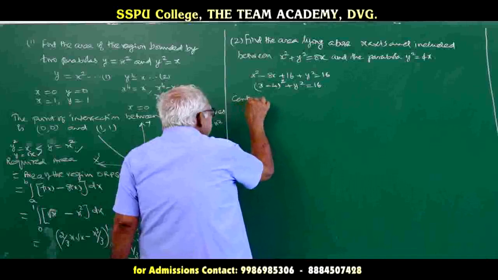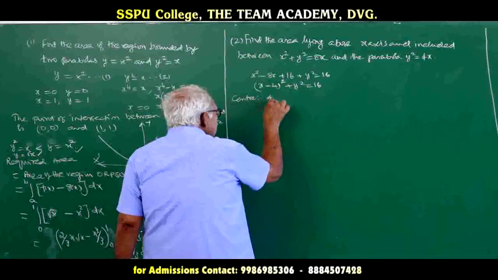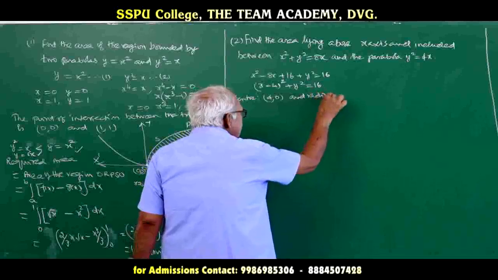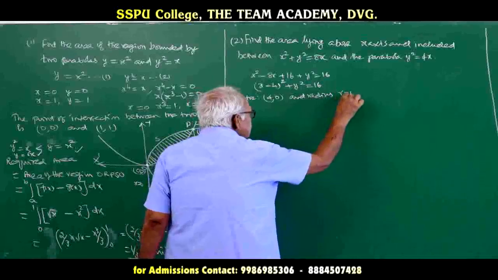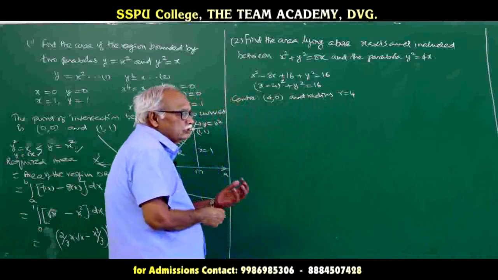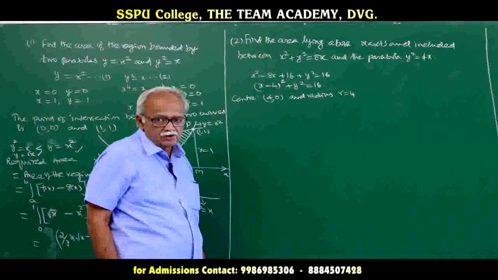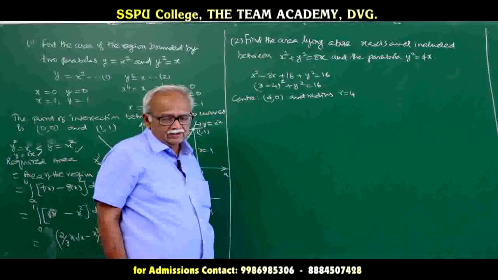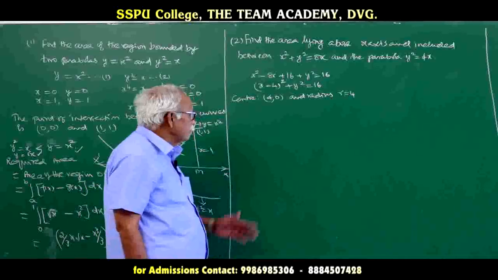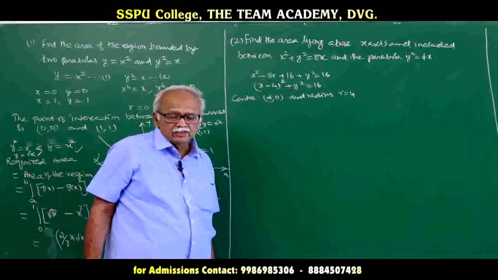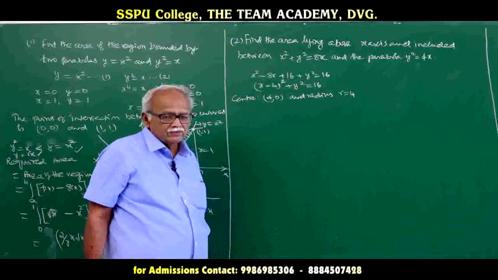So, the center of the circle is 4, 0 and the radius of this circle is r is equal to 4. You understand? The equation of the circle is x minus h whole square plus y minus k whole square is equal to r square. So, we have found out the center and the radius of the circle. Why do we have to find this? We have to draw the graph.